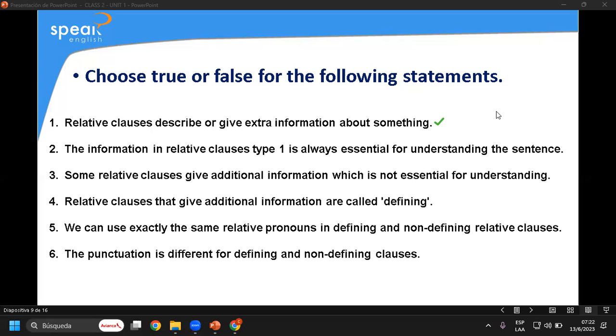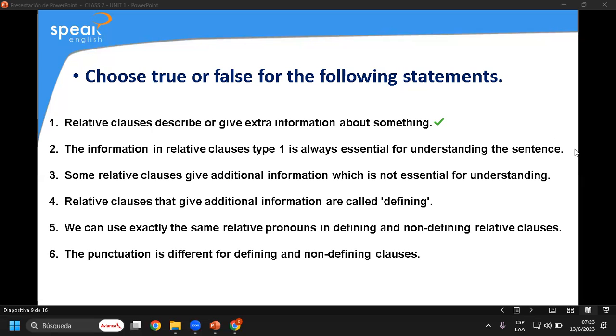Information in relative clauses type 1 is always essential for understanding the sentence. Is that true or false? True. Are you sure? Yes. True.